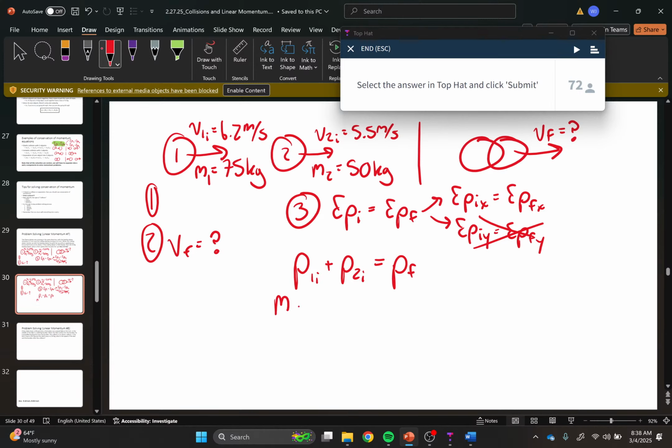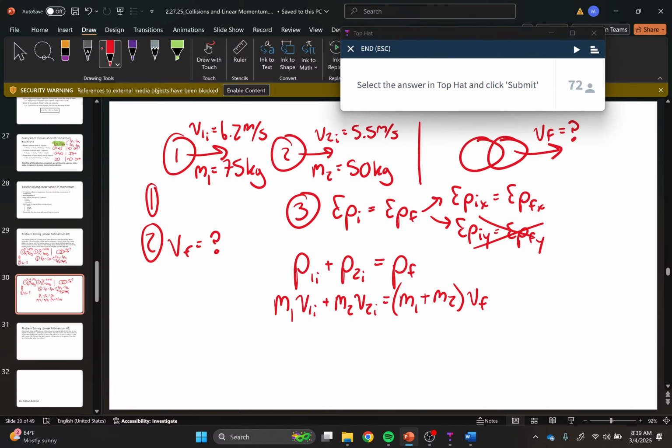M times V. So M1 V1 initial, that is P1. M2 V2 initial, that is P2. Equals the total mass, because they're stuck together, times V final. You build it. It's just add up all your momentums to begin with, equals all your momentums that you end with. M times V's plus M times V's plus M times V's, however many objects you have.